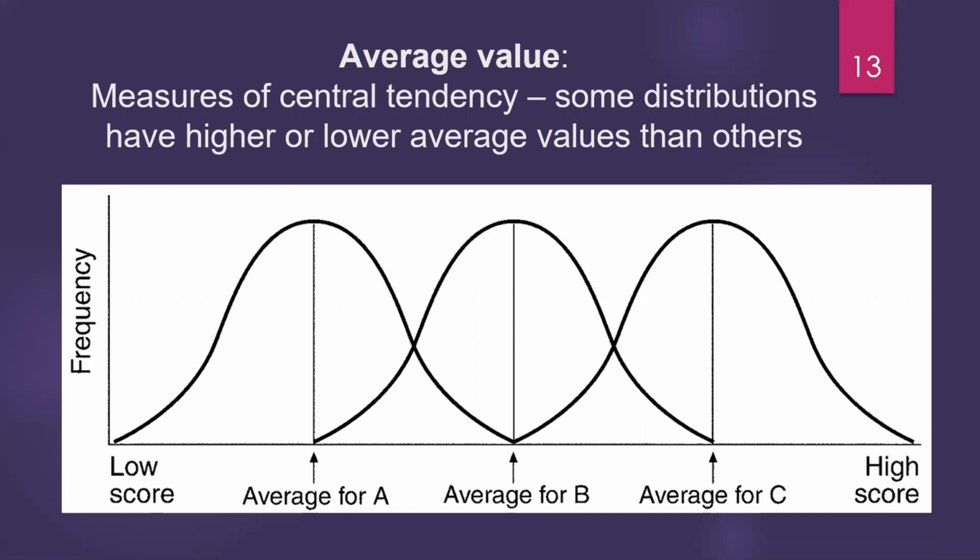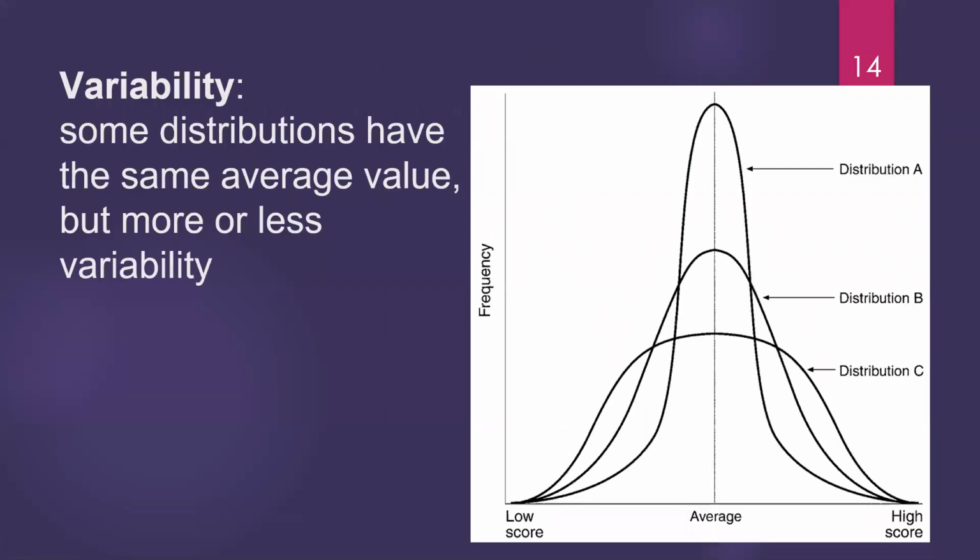So frequency polygons can show different averages. They can also show different variability, or how spread out a distribution is. Remember, a distribution is just a set of data, a set of values. And some distributions may have the same mean, the same average value, but more or less variability.